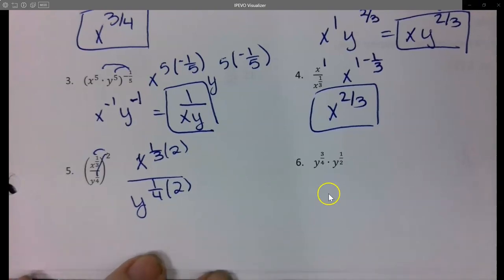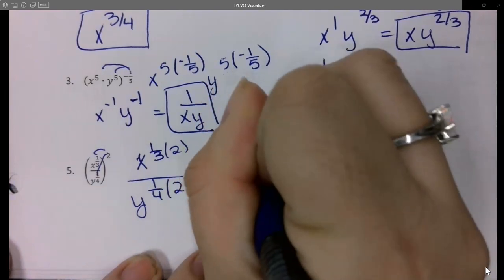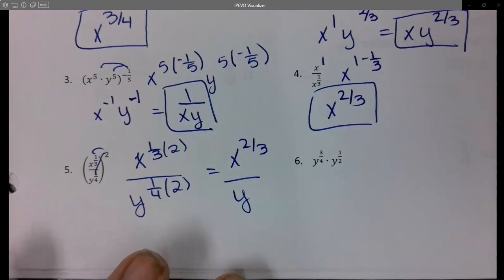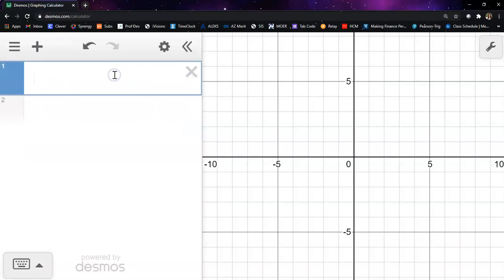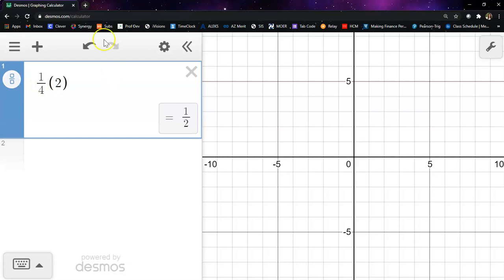So 1/3 times 2 is 2/3. And then on the bottom, I'll use Desmos for this one. One-fourth times 2 is 1/2.